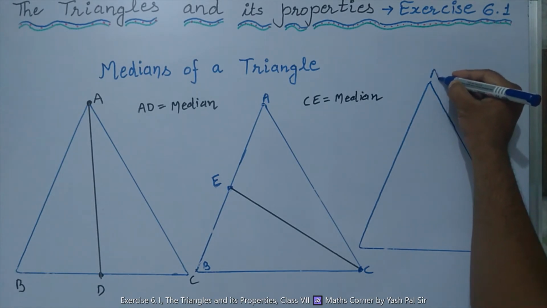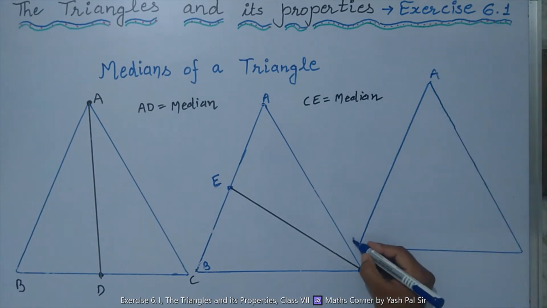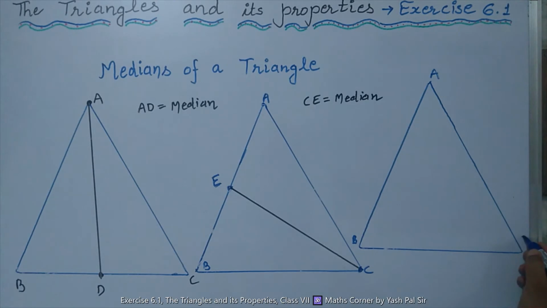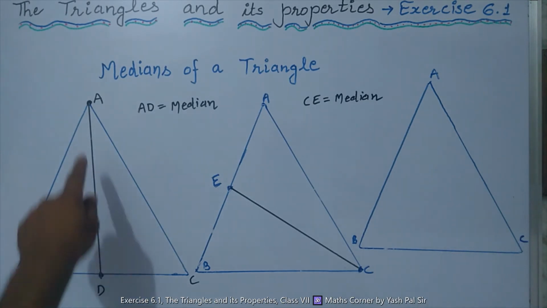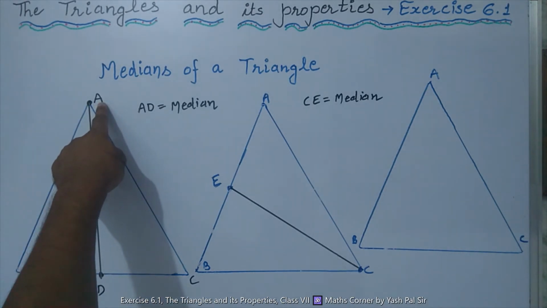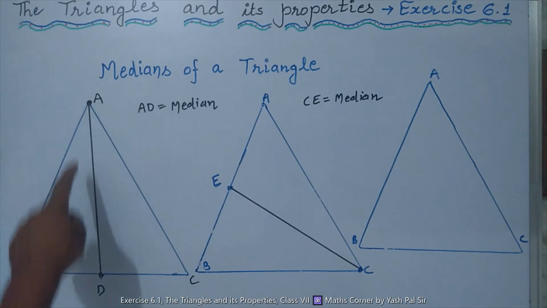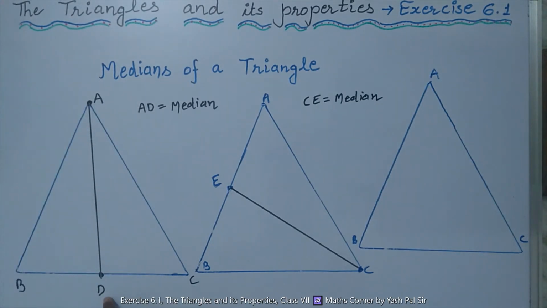The name of this triangle is A, B and C. First of all, A was the vertex from where we have drawn the first median. Next time from the vertex C we draw the median CE. Now B is left. So from B, what is the opposite side? AC is the opposite side.